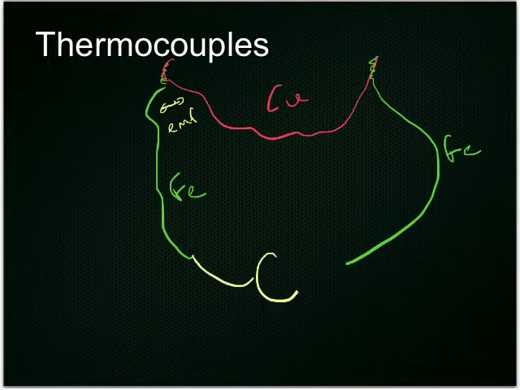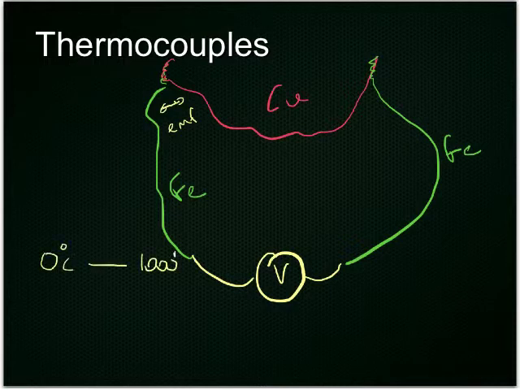Now if you actually measure this thing with a voltmeter, you can get a specific voltage for a certain temperature. So you could go from, let's say, 0 degrees to 1,000 degrees, and you might go from something like 0.01 volts to 1 volt. So the voltage changes as you change temperature.